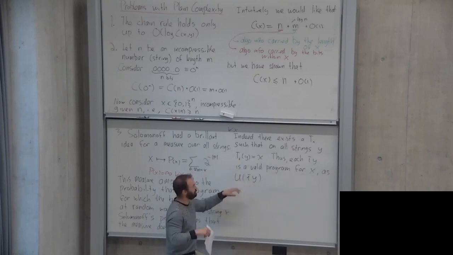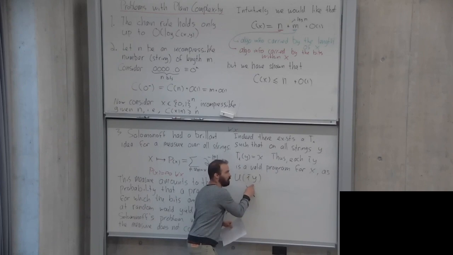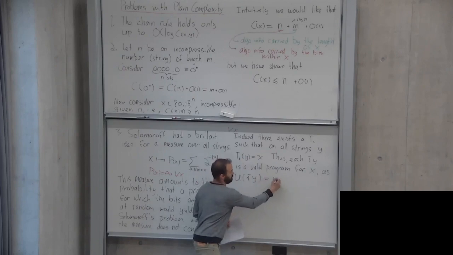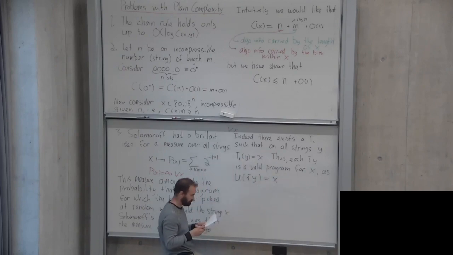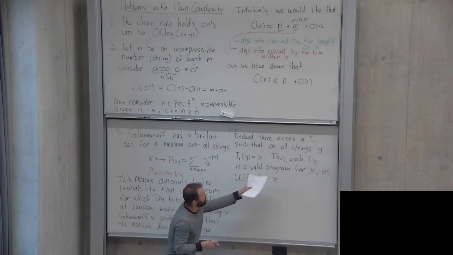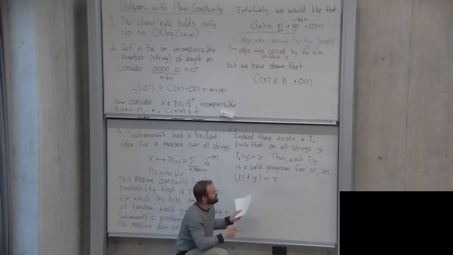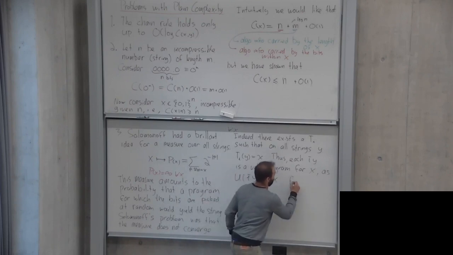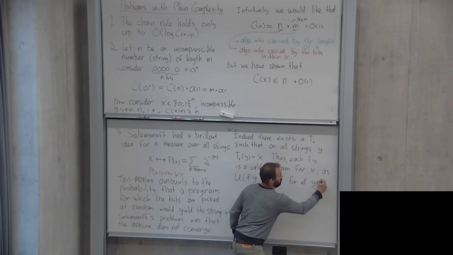The universal Turing machine on input i-bar y, that's the encoding of i and y, simulates the Turing machine number i on input y. So that does x. Each i-bar y is a valid program for x for all y in {0,1}*.